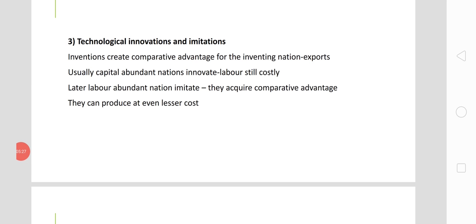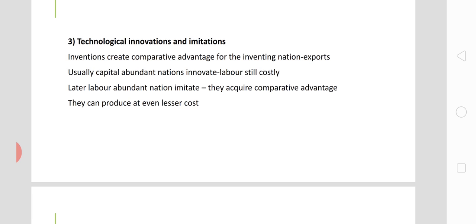Another factor contributing to the comparative advantage of a nation is technological innovations and imitations. So these two have to be talked about together: technological innovations and imitations. How do the technological innovations and imitations contribute to the comparative advantage of the nations?